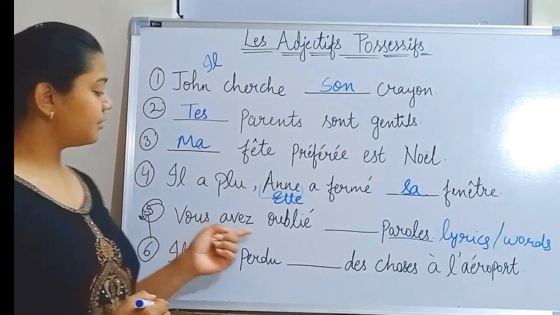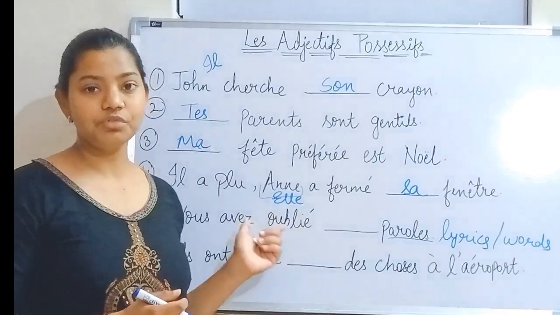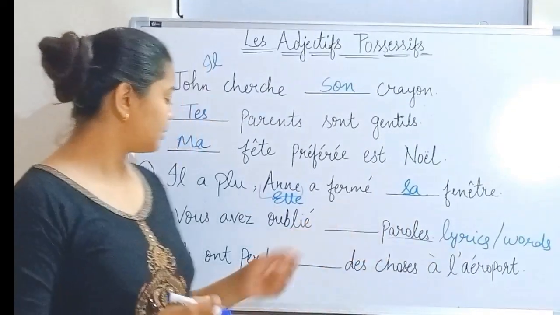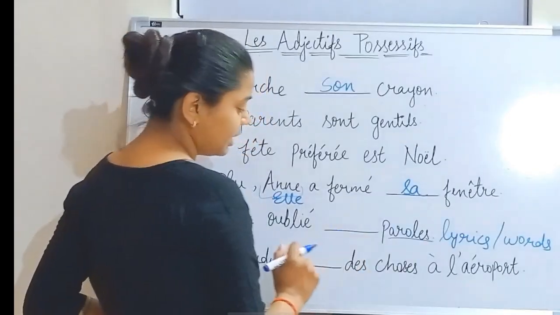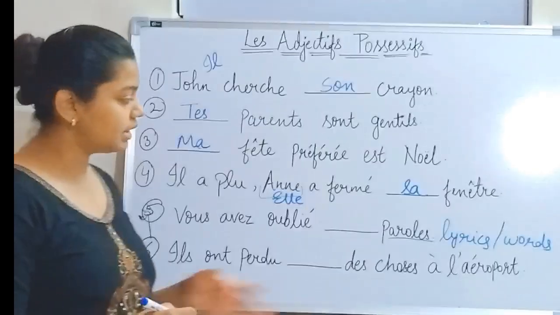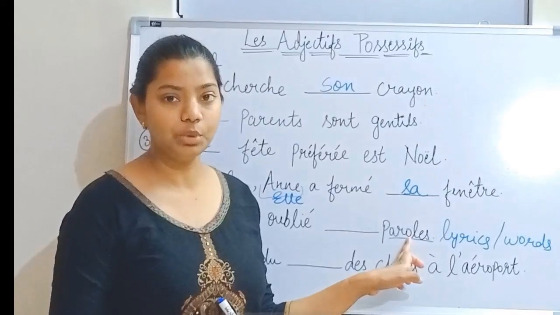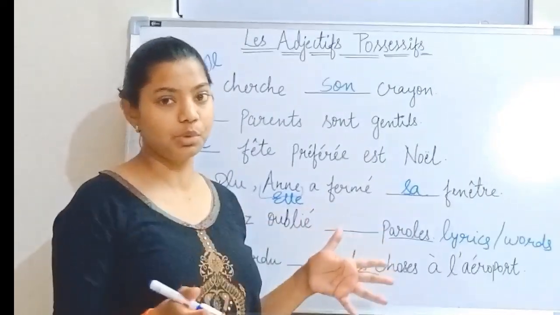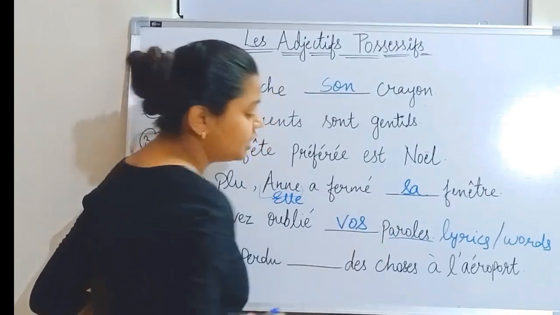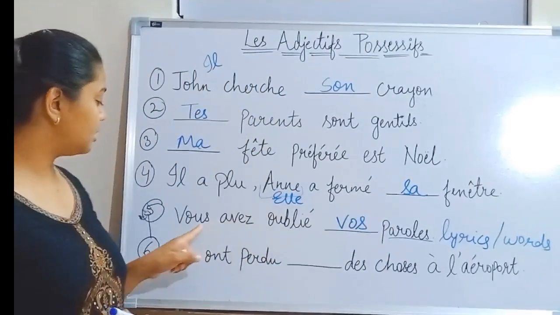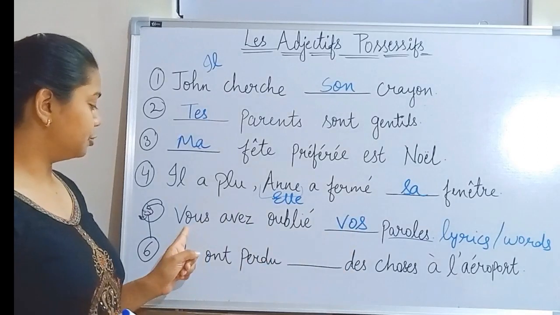So you have forgotten your words. Vous avez oublié vos paroles. Okay, here paroles is a plural word because lyrics is plural, so for plural with vous we use vos.